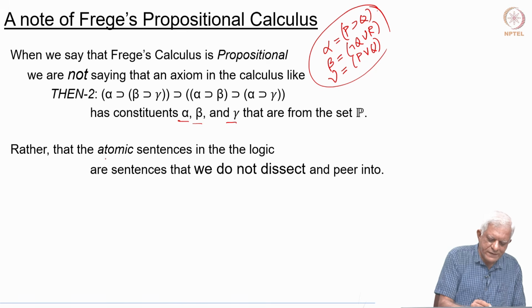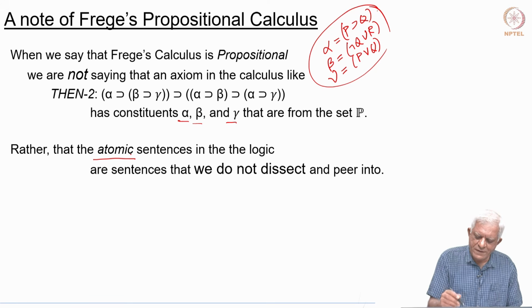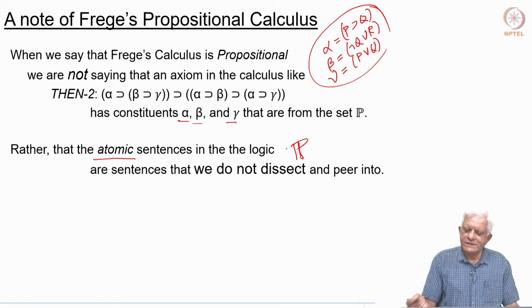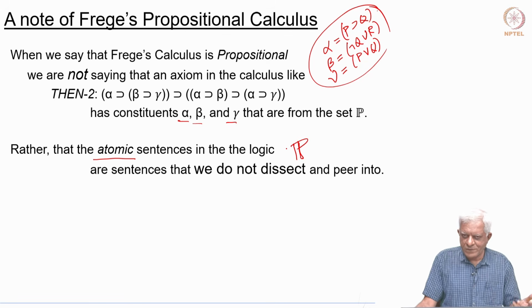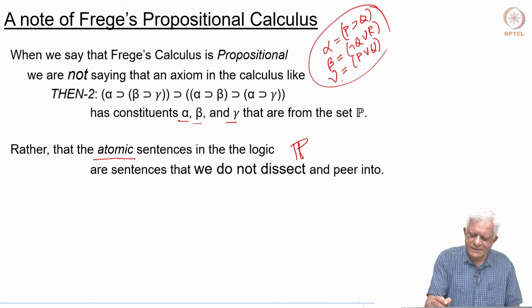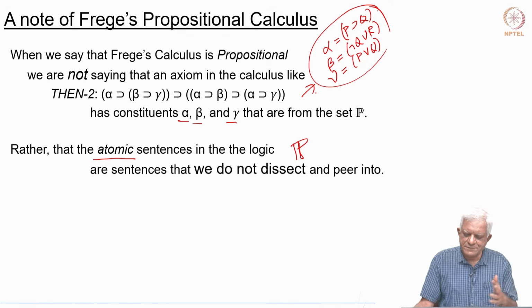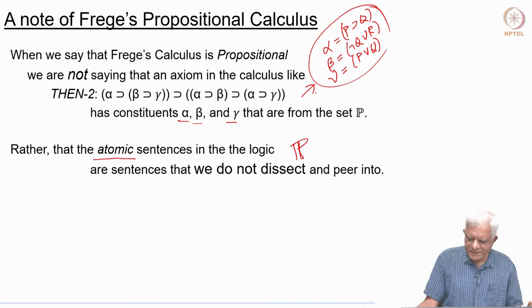So, the atomic sentences come from this set P, that is what we are saying when we say that this is propositional calculus. But the rules do not apply only to atomic sentences, as we can see in this example. Alpha can be any sentence in this language, beta can be any sentence and gamma can be any sentence, and it will still work.